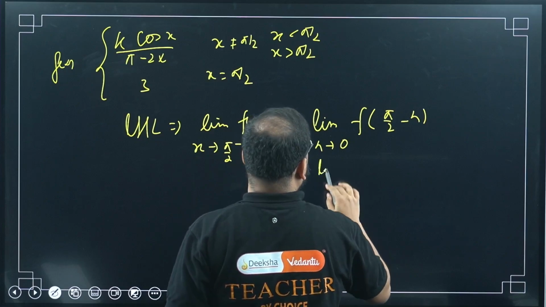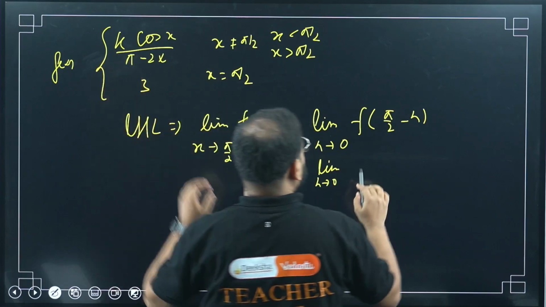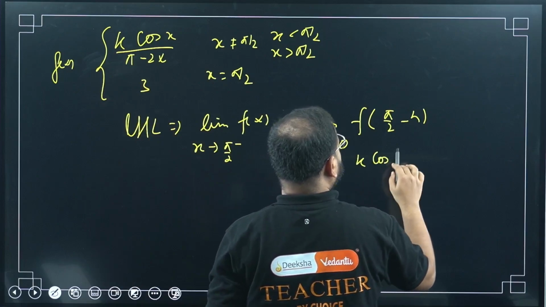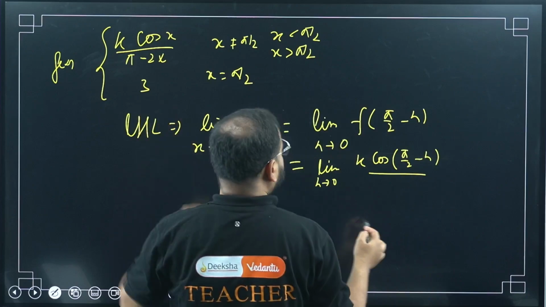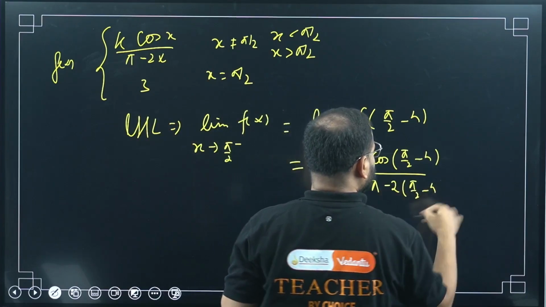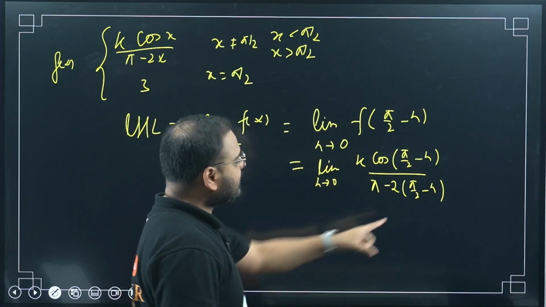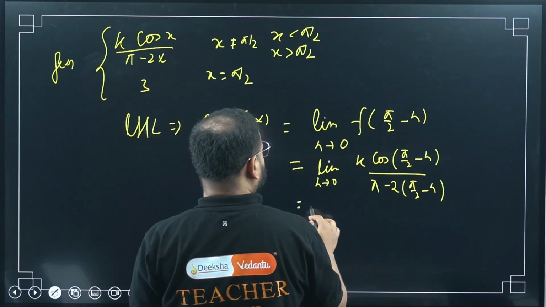I'll get limit h tends to 0. So k will remain as it is, cos of pi by 2 minus h upon pi minus 2 times pi by 2 minus h. Am I right? Please check. I have replaced x by pi by 2 minus h. Next step.